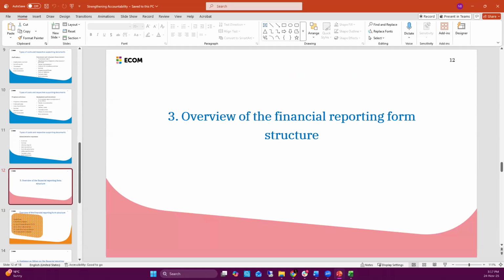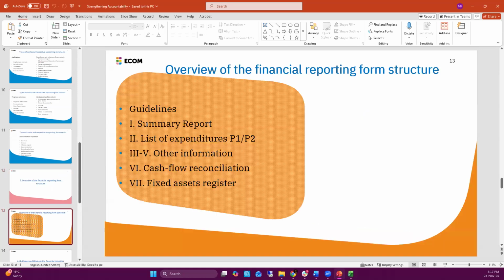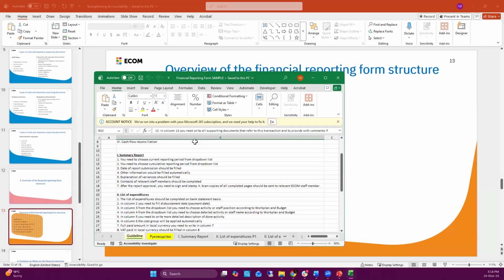Now let's take a look at the financial reporting form, and first of all, its structure. And here I will share with you the form for the financial reporting itself.